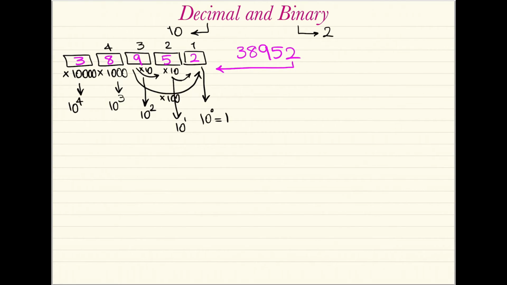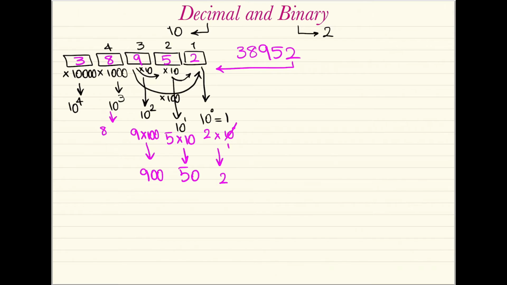Well, here we have 2 times 10 to 0, or times 1, which makes it 2. This one is 5 times 10, which is 50. This one is 9 times 100, or 10 to 2, which is 900.